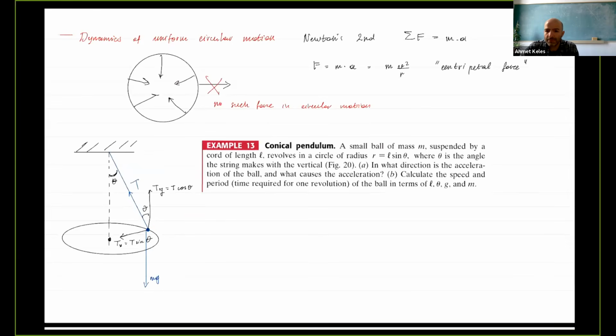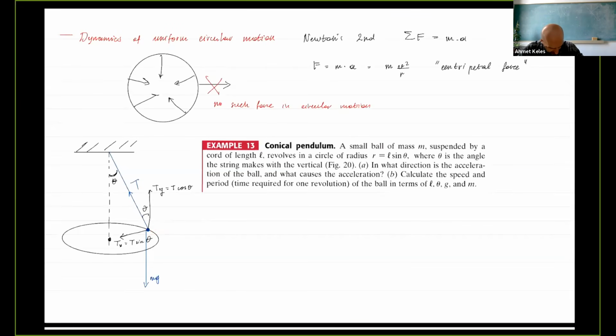It's not just terminology, it's a physical misconception. When people draw forces like this, that's physically incorrect. Because if there's such a force, there must be a result of this force, and in circular motion, there's no such thing.